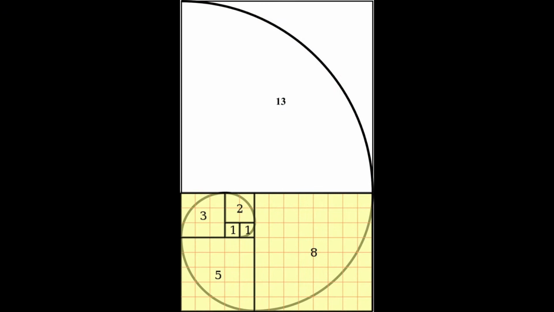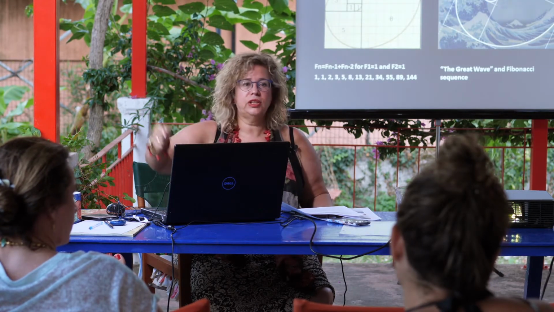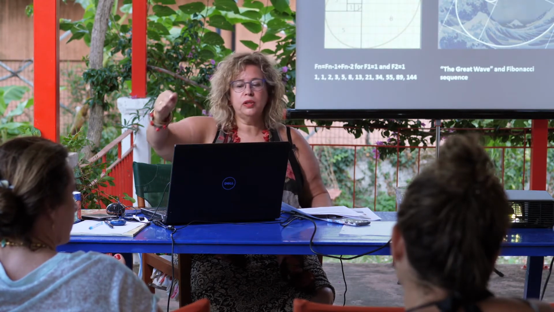Here is what we really have behind it. We have a spiral, okay? It's not just any painting. It has a grid behind it, and he is building a composition.